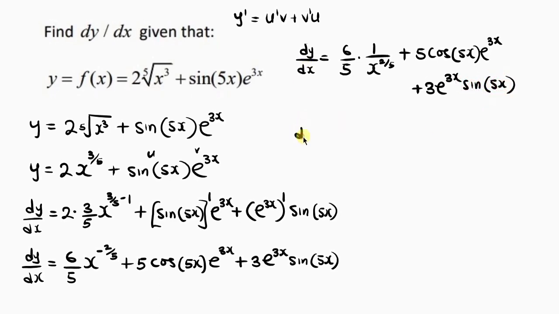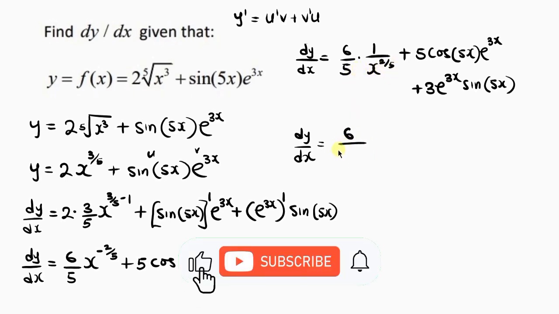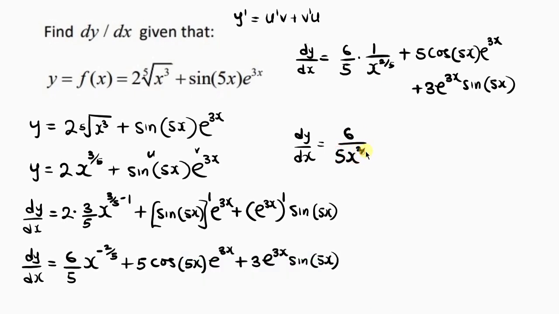Now, we're going to have dy/dx to be equal to 6 times 1 is 6 all over 5 times x to the power of 2 over 5 is 5x to the power of 2 over 5. That's it. Plus, now if we look at this expression and this expression, you notice that exponential 3x is common.